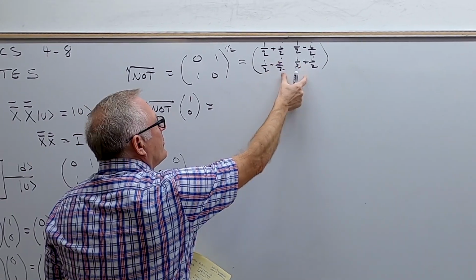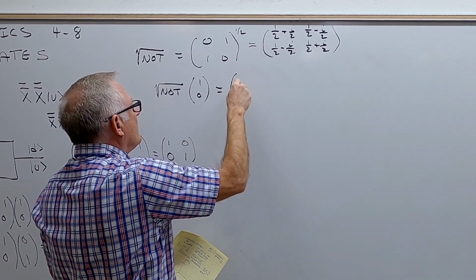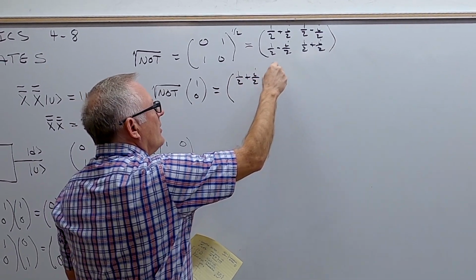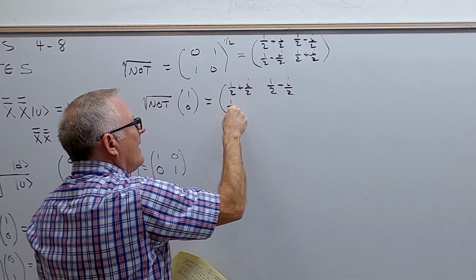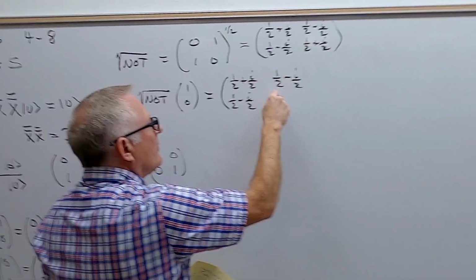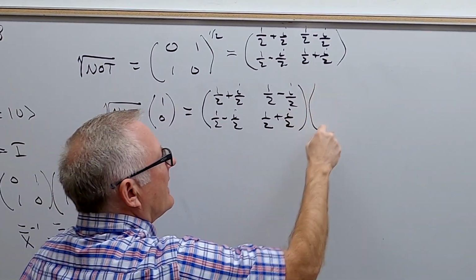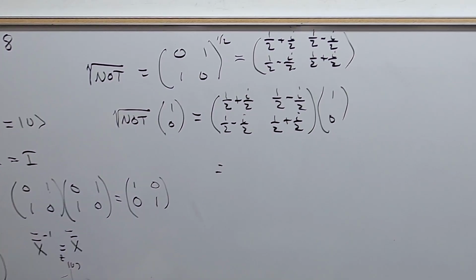Well, if I put this in for that right here, I'll write it down: 1/2 plus i over 2, 1/2 minus i over 2, 1/2 minus i over 2, 1/2 plus i over 2. If I operate that on 1, 0, what does that give me?